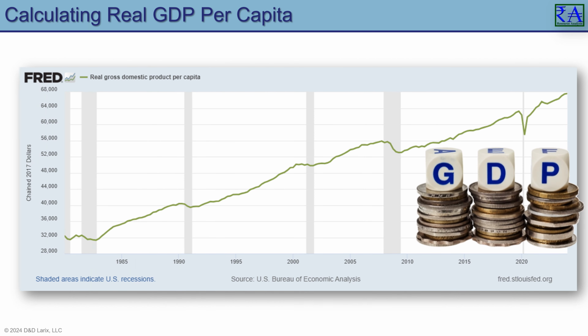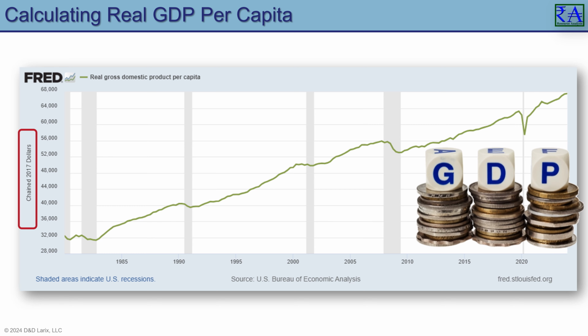Real GDP per capita is an important measurement that helps economists and policymakers understand the average economic output per person, adjusted for inflation. By using chained dollars, which are adjusted for inflation and based on a specific base year, in this case, 2017, we can accurately compare economic output over time without the distortion caused by the changes in price levels.